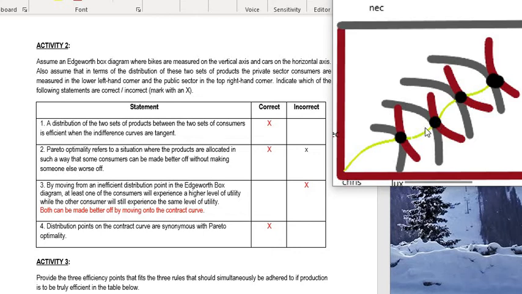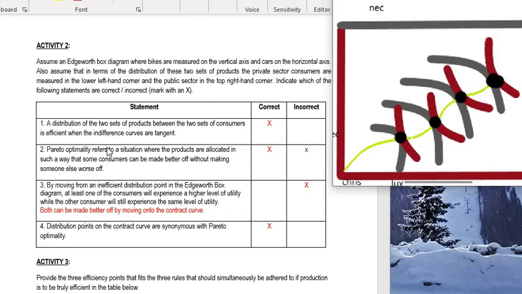At every single point on this contract curve, you have the best allocation of resources, and if you move from the allocation of resources on this contract curve, then someone will be worse off. Hence, the points on the contract curve are Pareto optimal or Pareto efficient.